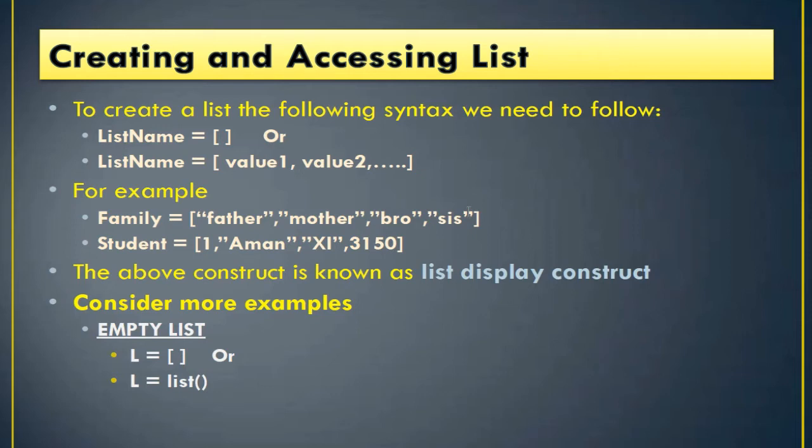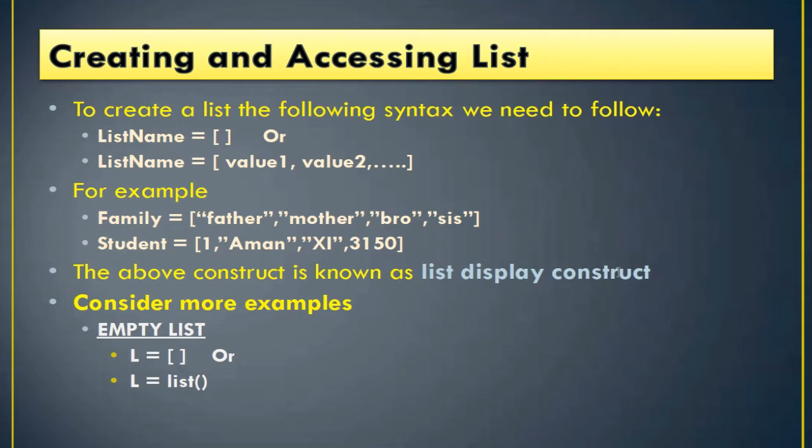This is string type, so you have to give them under double quotes. Next, student is your list name. Under student you have given 1, Aman, 12, 3150, the marks they have received. So this list is stored under the name student.